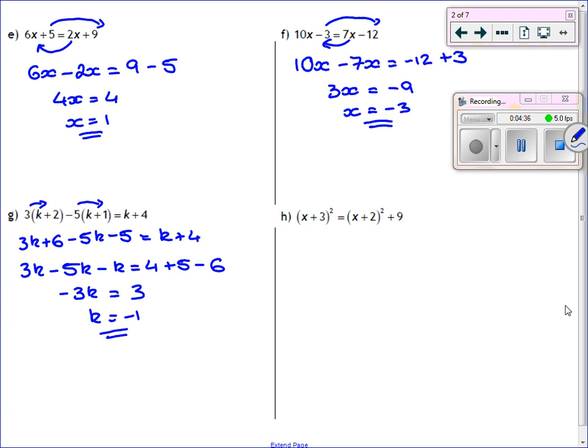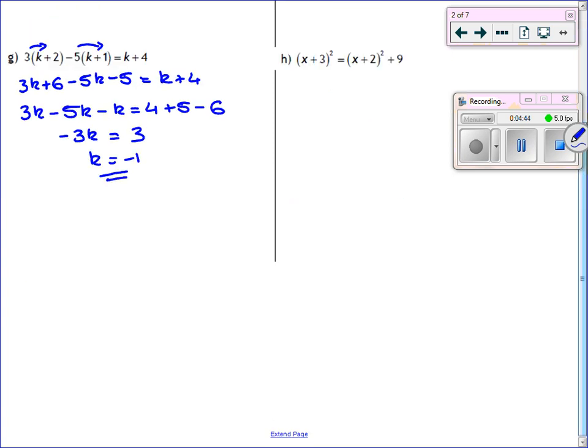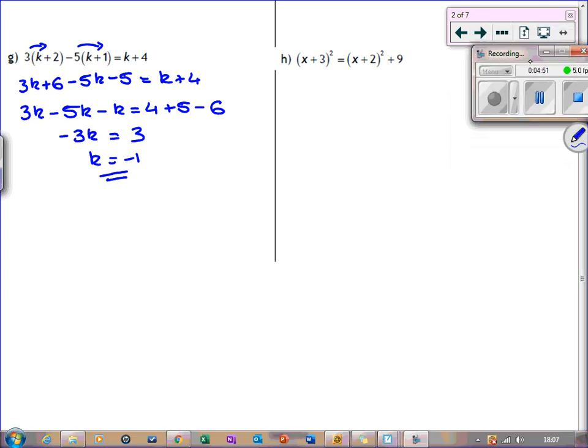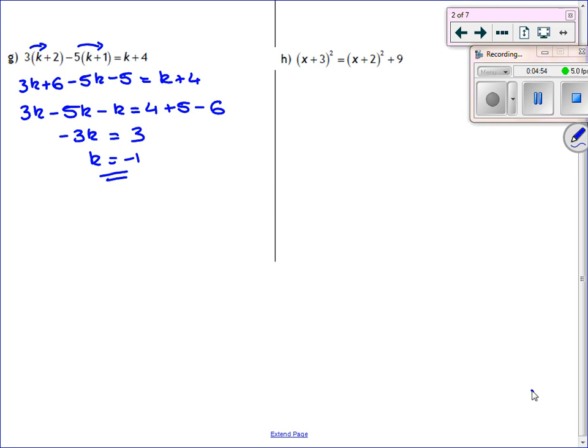This example here is a very good example to allow you to organise your thoughts and organise the work that you've got in front of you here, because there's quite a lot involved in this. So in order to allow us to solve the equation, we're going to have to expand the FOIL brackets here. Well, let's go to the side and do our expansion.